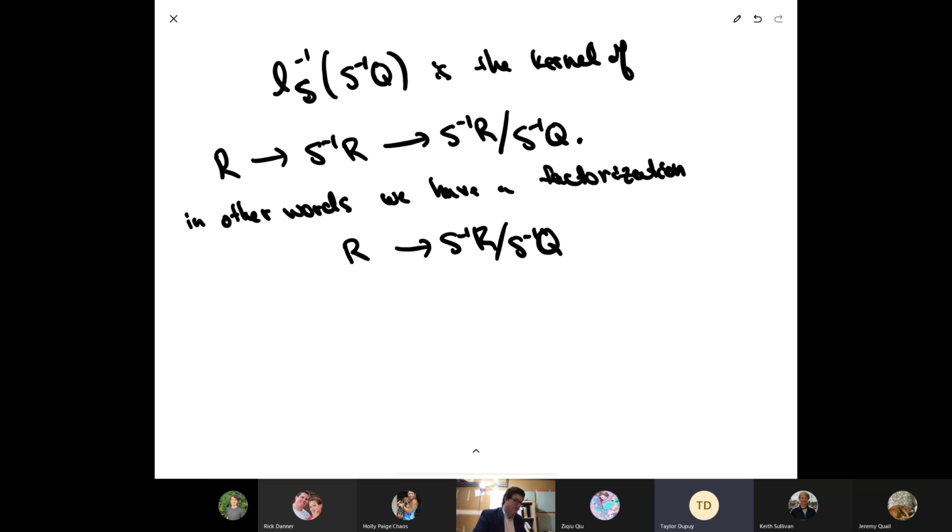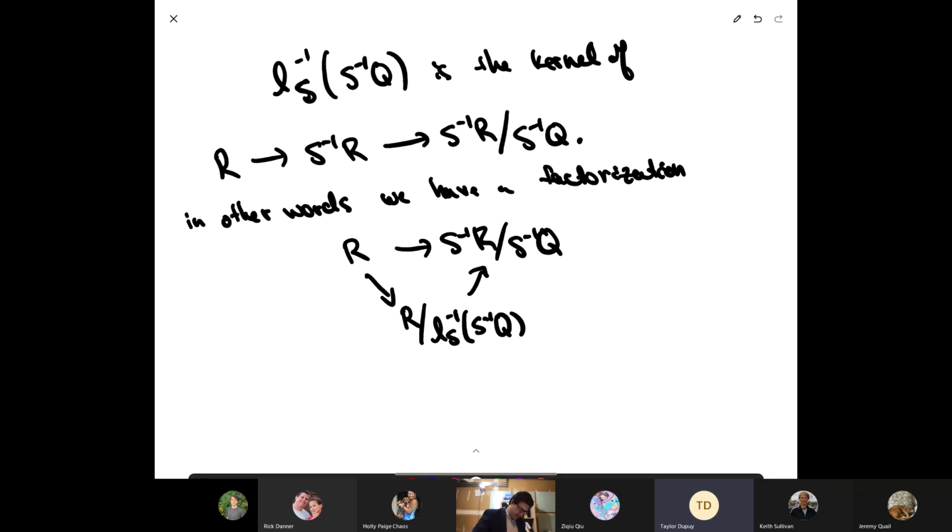So this goes into R mod R S inverse of S inverse of Q, like this. And again, this map here is injective.